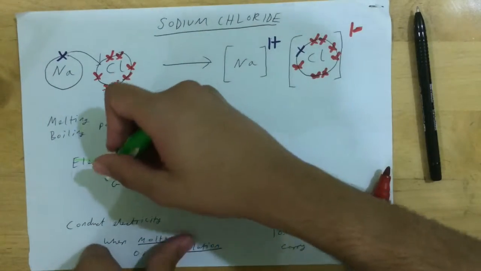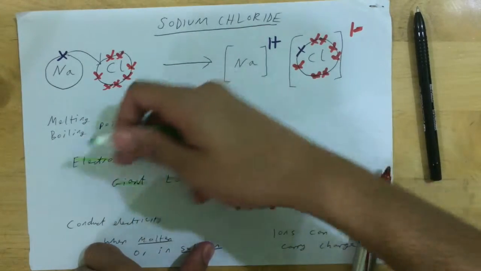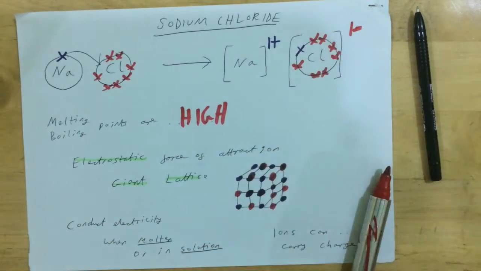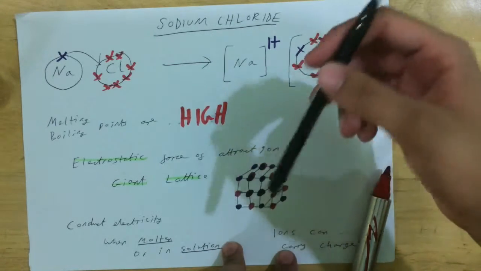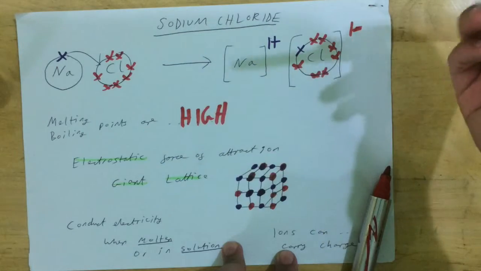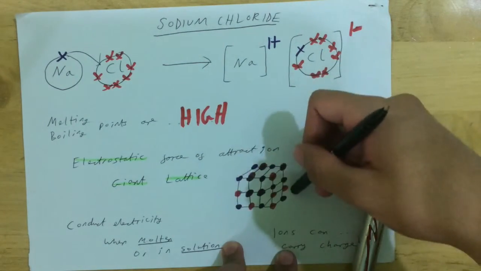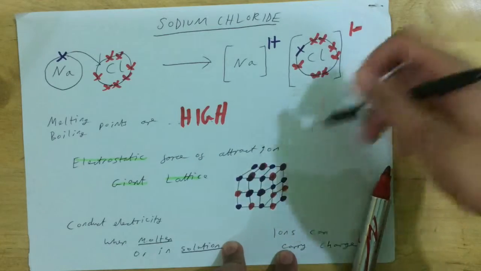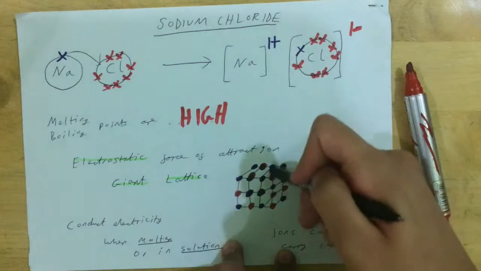And all ionic compounds are a giant lattice of ions, as you see here. Now this structure I've drawn is not very accurate. The ions are not even in the right place, but you get the idea. A giant lattice, and it's 3-dimensional. Ions and ions. Strong electrostatic forces of attraction.